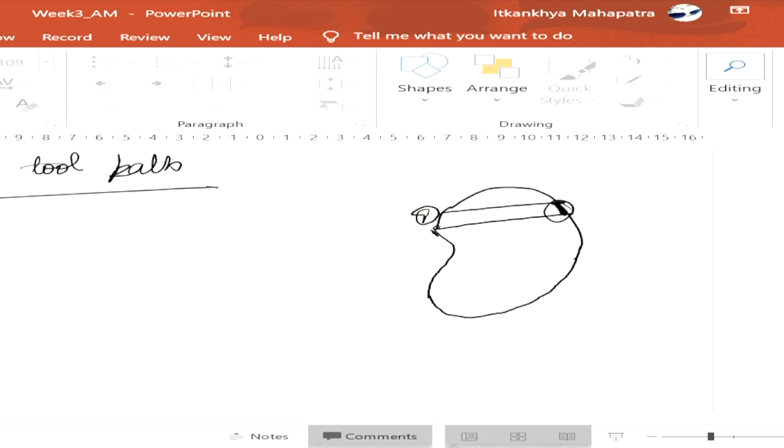It travels along this, then again travels along this and comes back here. So in the ends, tool does not lift. It moves along this path, keeps on adding material and reaches the next line.